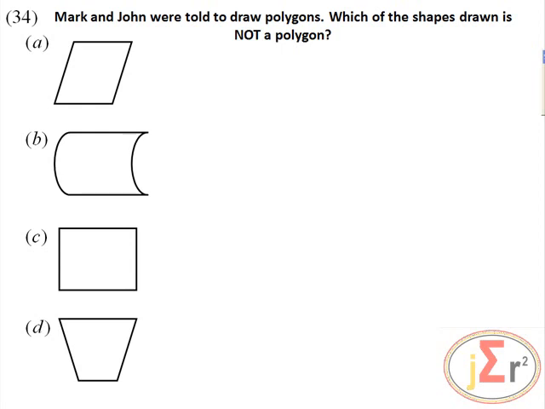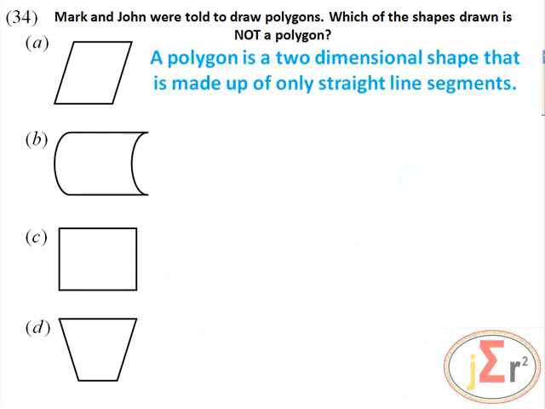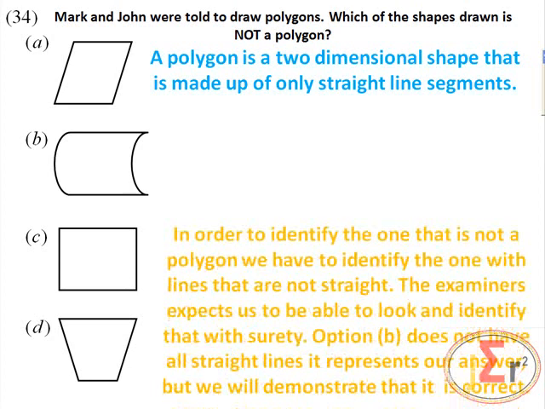So Mark and John were told to draw polygons. Which of these shapes drawn is not a polygon? Option B. A polygon is a two-dimensional shape that is made up of only straight line segments. Only if the lines are straight, then we have a polygon.